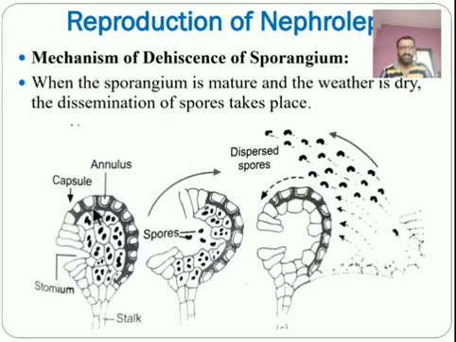Firstly, drying of the annulus and stomium takes place. Due to the drying, some pressure is created on the stomium. Due to that, the opening of the stomium takes place, and through that opening the spores are dispersed into the atmosphere. This is the simple mechanism of dehiscence.